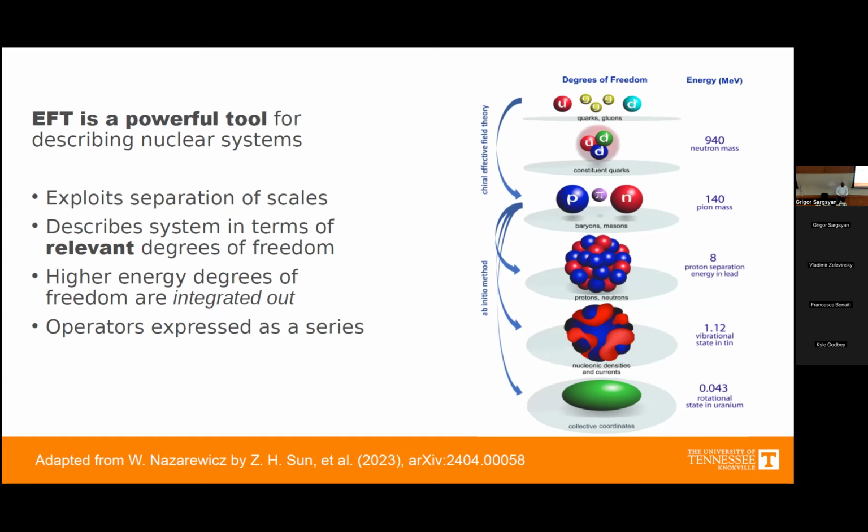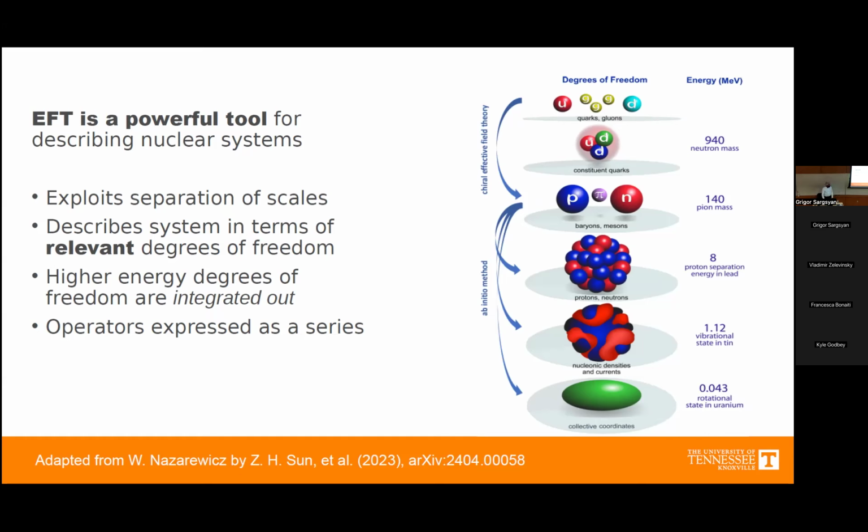is describing the system in terms of relevant degrees of freedom. You very rarely see nuclear structure described in terms of QCD, well, gluons, right? And with the higher energy degrees of freedom, we essentially integrate those out, which is sometimes done explicitly, or very often is done implicitly, fitting low energy constants to data, which we will come to in a moment here.